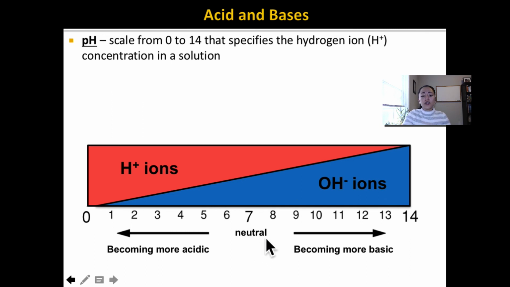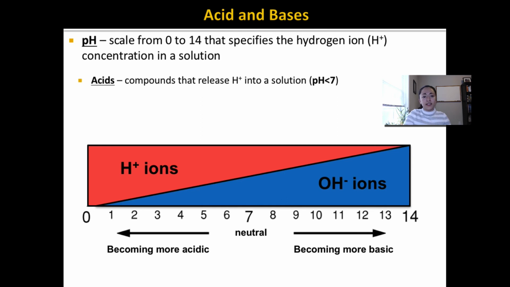A solution that's neutral has a pH of 7 and has an equal concentration of hydrogen ions and hydroxide ions. Acids contain a lot of hydrogen ions, so something considered an acid would release a lot of hydrogen ions into the solution, and therefore would have a pH less than 7.